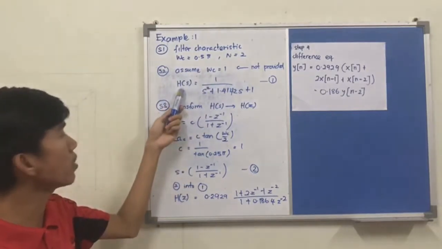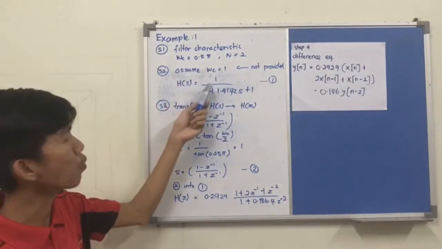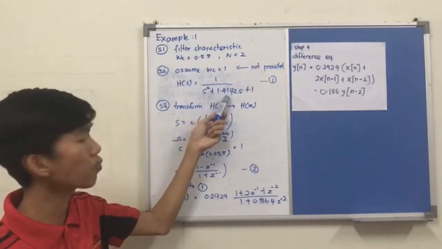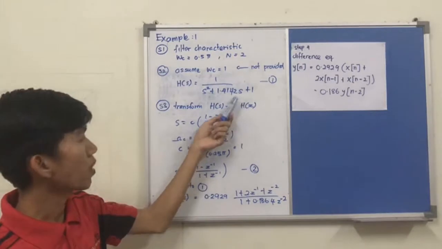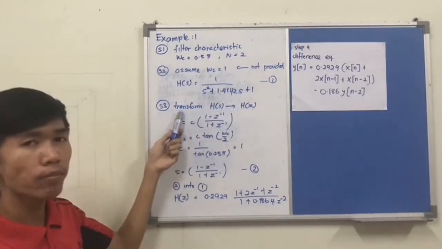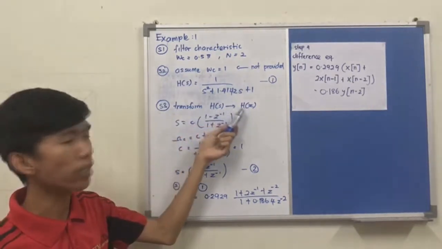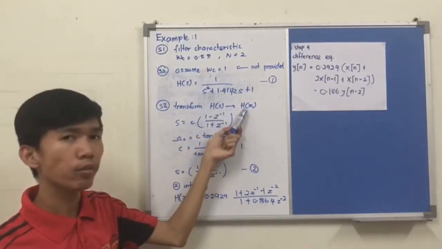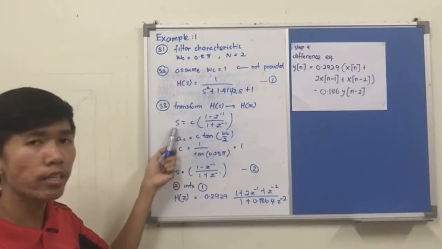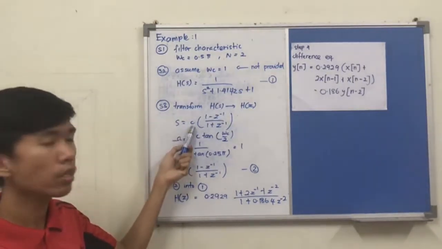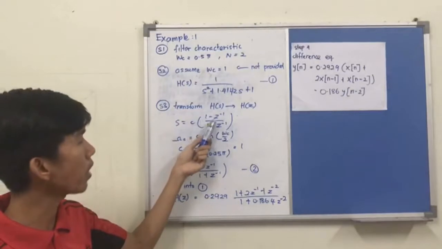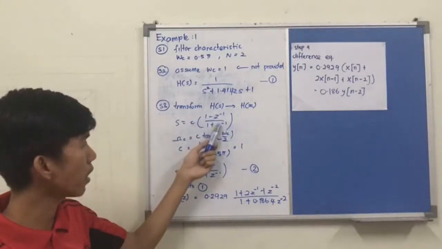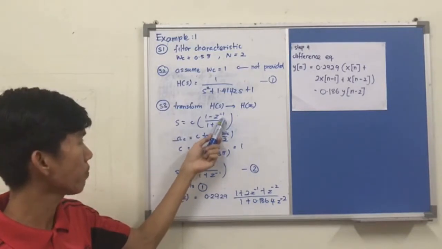We choose the equation H(s) equal to 1 over s squared plus 1.4142s plus 1. After that, we transform H(s) into H(z). To transform into H(z), we use the formula s equal to c times (1 minus z to the power of negative 1) over (1 plus z to the power of negative 1).